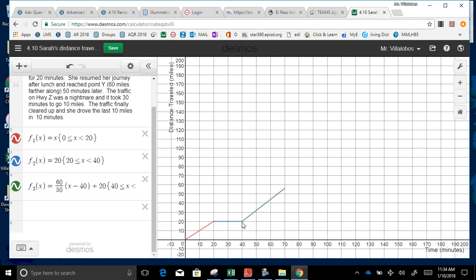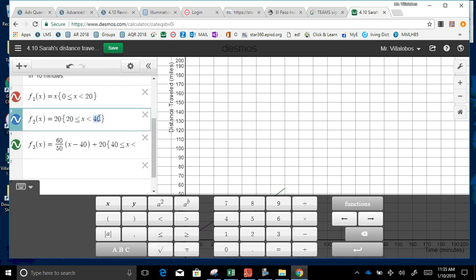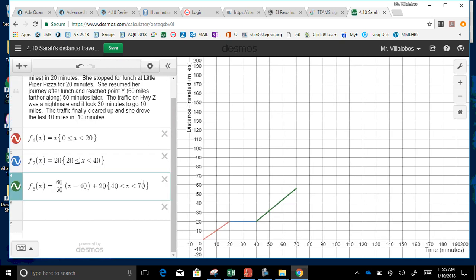So it has to be this point right here at 40, 20 before I start. For what that means, 40 minutes later, I'm 20 miles away. That's this point here. So that's where this is going to start, shifting it over 40, up 20. And so that happens for the next 50 minutes. So 40 plus 50 is 90.